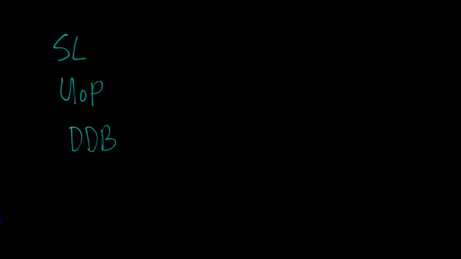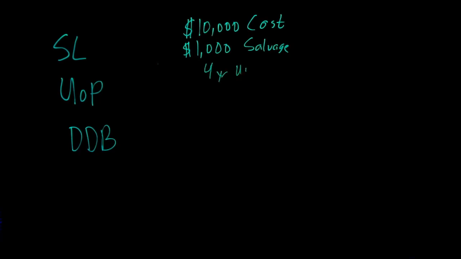So our example here, we have a $10,000 asset with a $10,000 cost. And then we have a 1,000 salvage. And this is an asset with a 4-year useful life.